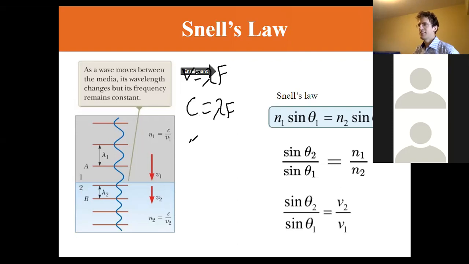Okay, you're saying that if you know the index of refraction, you know the relationship, and then you can find lambda, and then you can find the frequency if you have that. Right, C is always equal to lambda times F, and the speed of light is some constant. That's exactly what I'm saying.